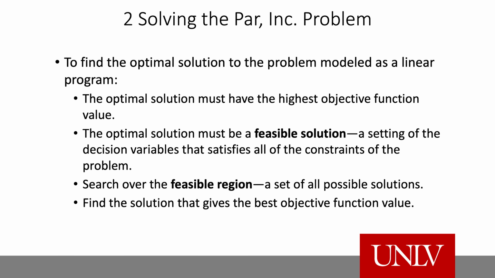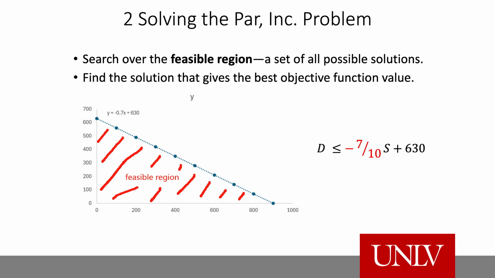So what exactly is the feasible region? When a model has two decision variables, we can visualize it as a two-dimensional space. For example, the x-axis represents the standard products, and the y-axis represents the deluxe products. Each linear constraint forms a straight line that divides the plane into two parts.